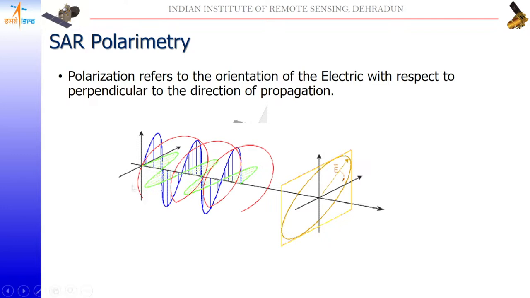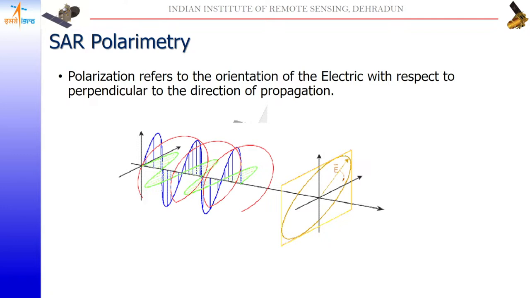The electromagnetic radiation basically consists of two parts: one is the electric field vector and the second is the magnetic field vector. We will mostly consider the electric field vector, because the magnetic field vector we can derive through Maxwell's equations. So if we know how the electric field vector is oriented, we can deal with the polarization concepts.